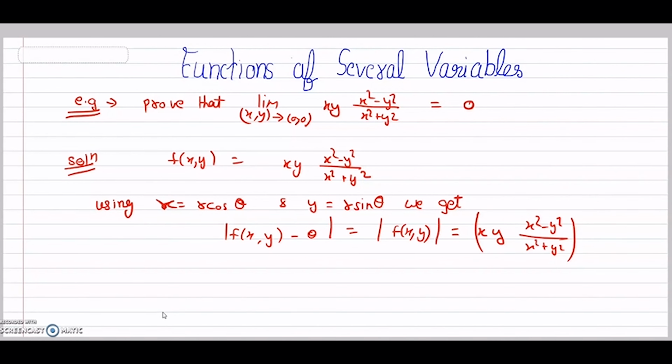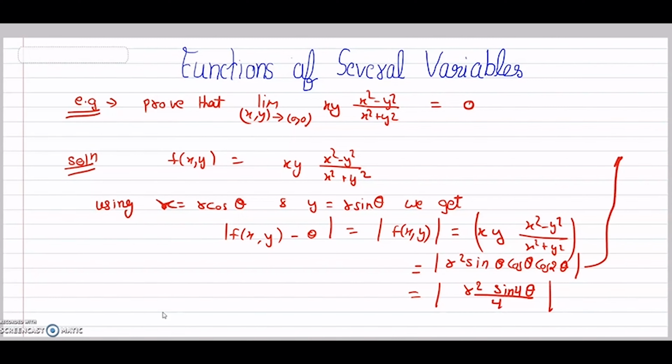And after putting x equal to r cos theta and y equal to r sin theta, we get r square sin theta cos theta cos 2 theta, and it equals r square sin 4 theta by 4.